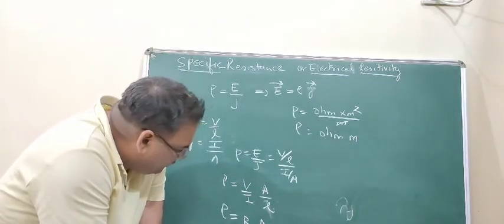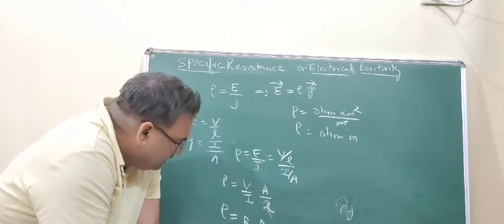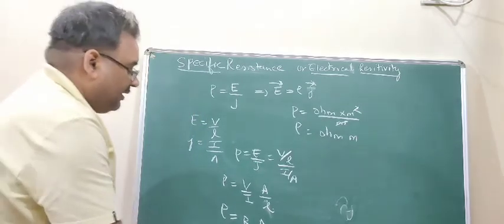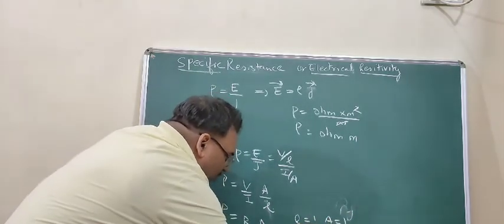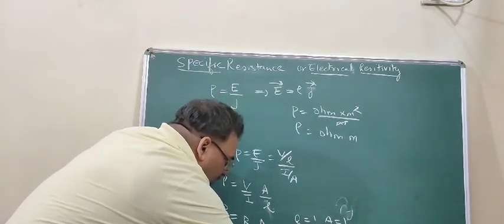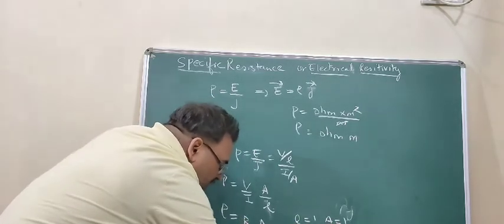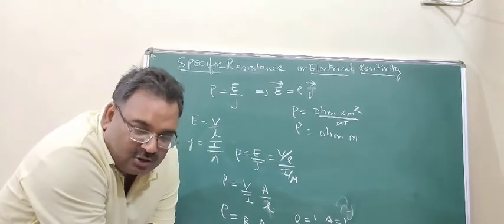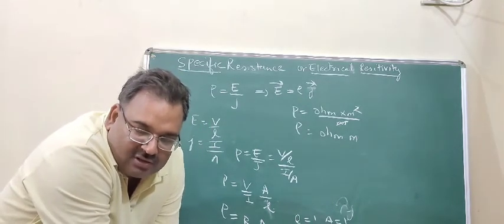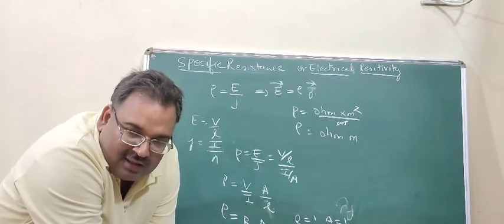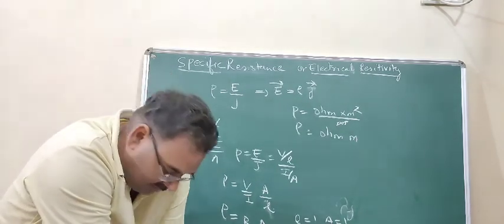In this formula, if we put L equal to 1 and A equal to 1 meter square, then rho will be equal to R. That is, specific resistance will become equal to the resistance of the wire. So if we take a wire of length 1 meter and area of cross section 1 meter square, then the specific resistance will be equal to the resistance of the wire.